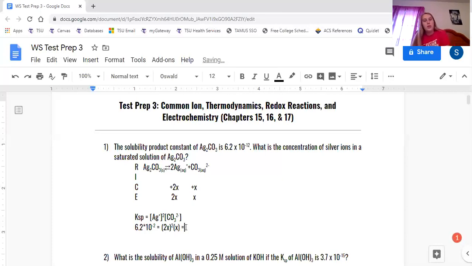So when we do that, we're going to have our 2 squared, so we're going to have 4. Then we have x squared times another x, so that's going to be x cubed.